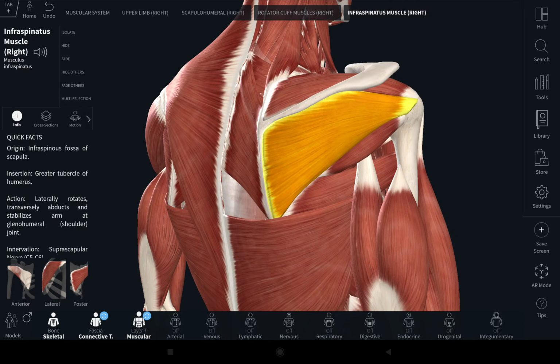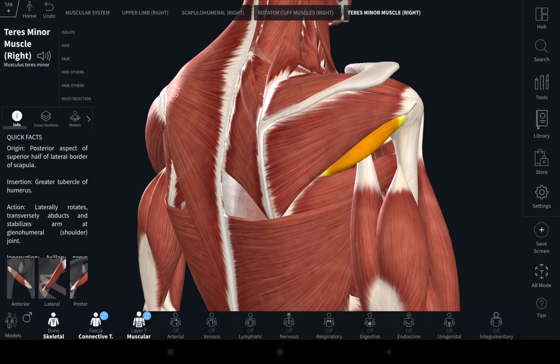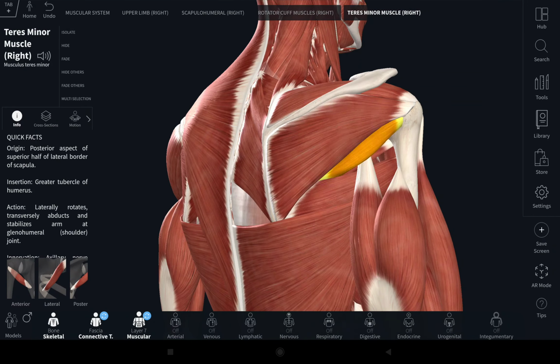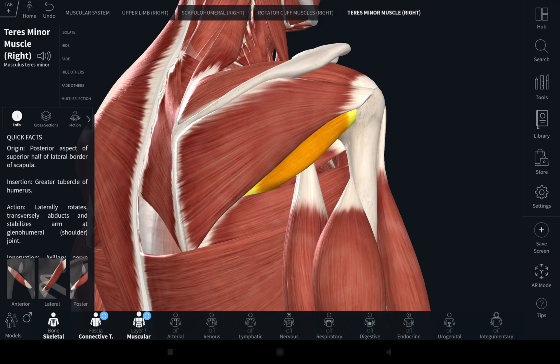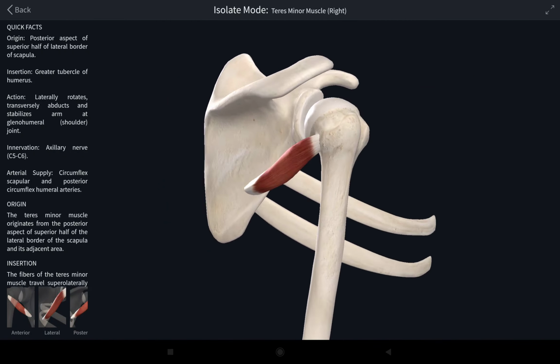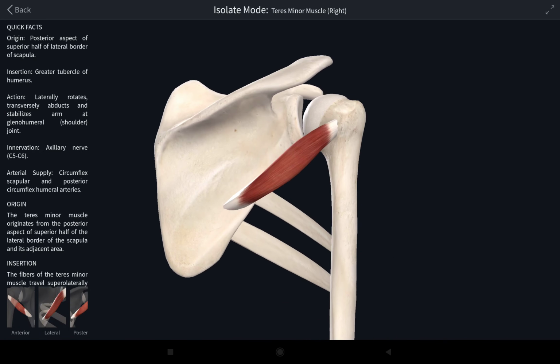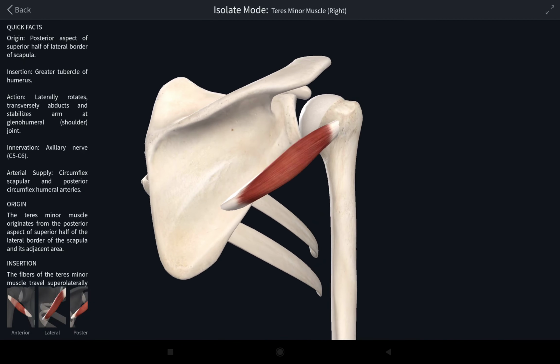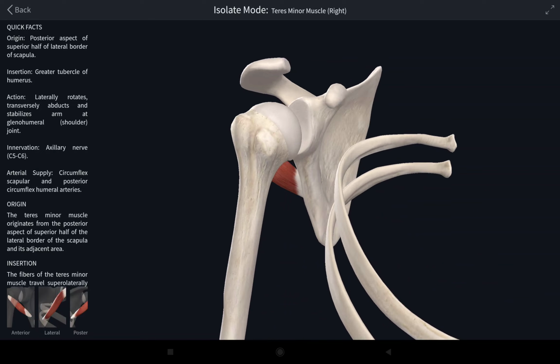Then the next muscle is the teres minor muscle, which arises from the lateral border of the scapula and inserts into the greater tuberosity. This is the teres minor muscle.